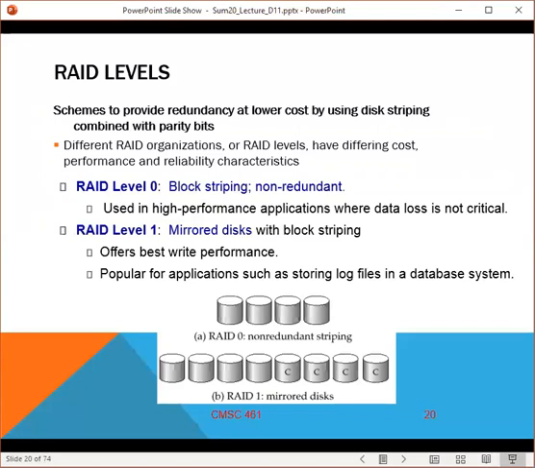And we see in the diagram where we've got non-redundant striping. The size of each disk should be the same. Otherwise, the effective use of RAID arrays defaults to the size of the smallest disk drive in the array. And so you get wasted space on the others.